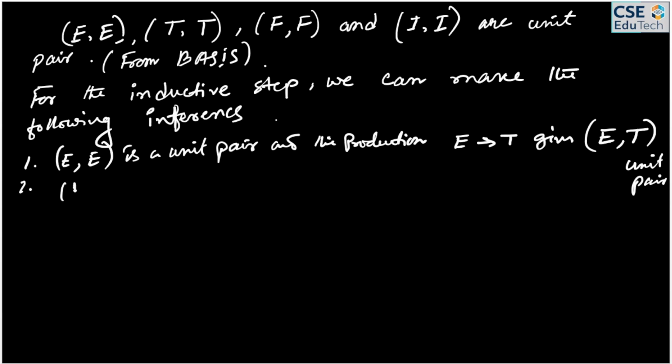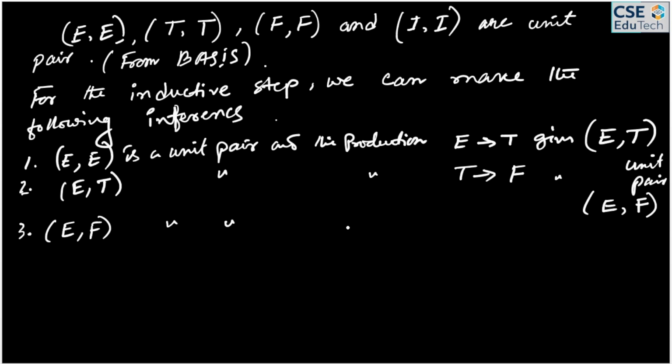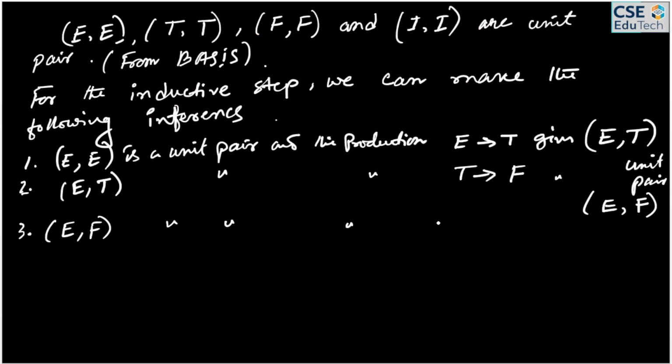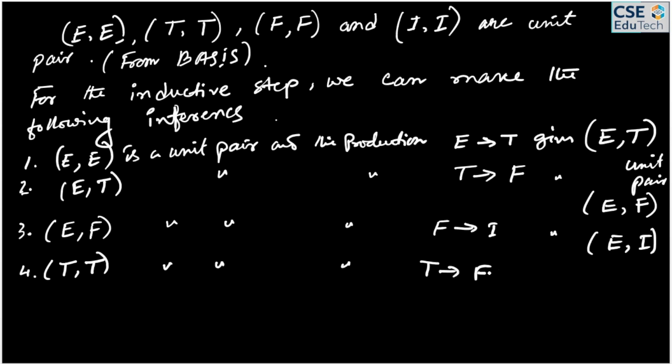Similarly, (E, T) is a unit pair and the production T to F gives (E, F) as a unit pair.